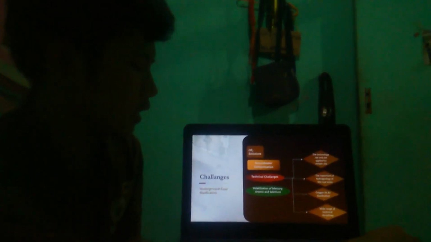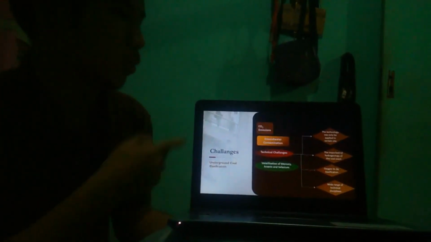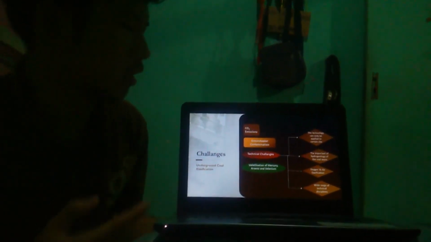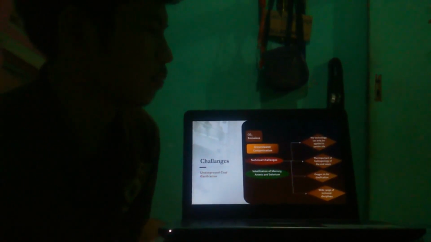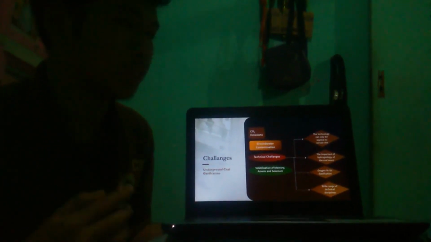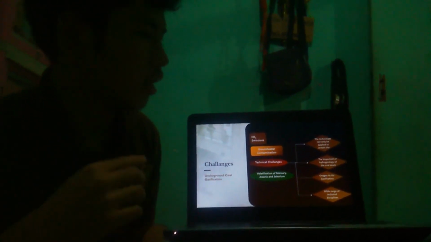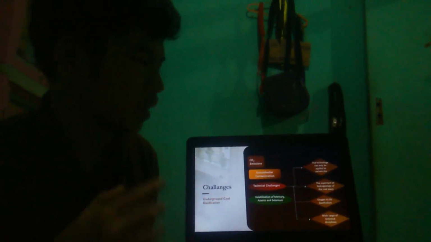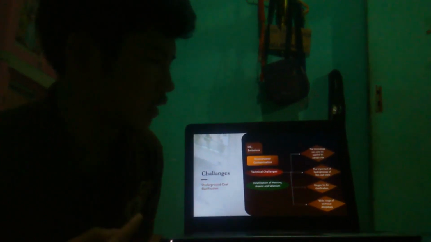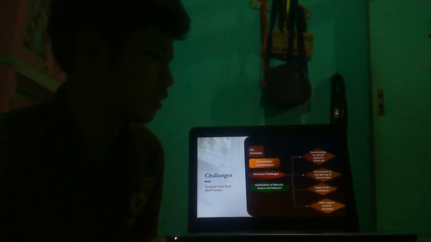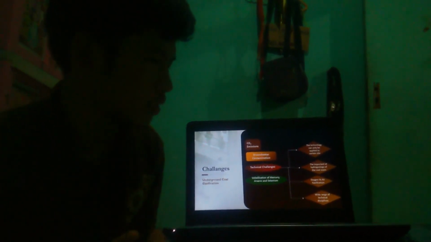The third is technical challenge, which we can divide into 4 points. The first point is that the technology can only be applied to certain sites. The potential of a UCG site can be estimated by identifying the coal seam structure such as depth, thickness, and the quantity and quality of seams available.